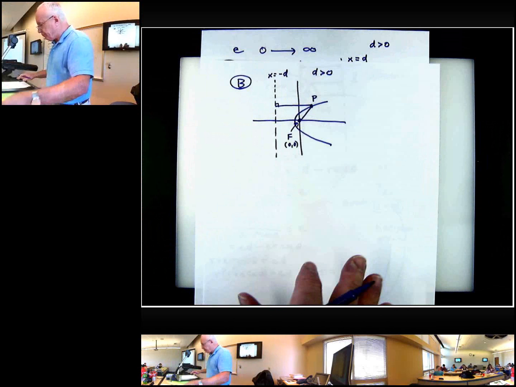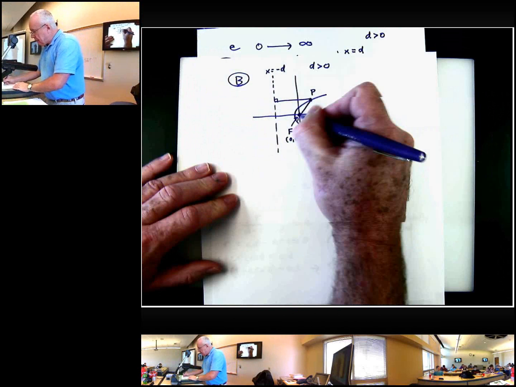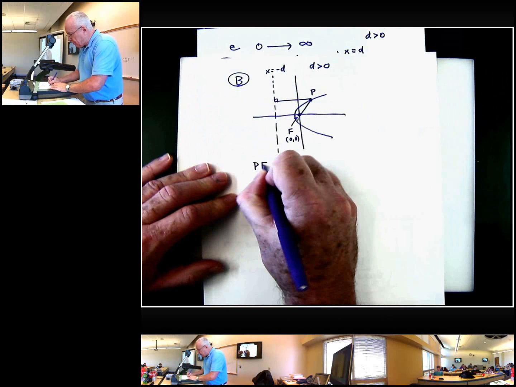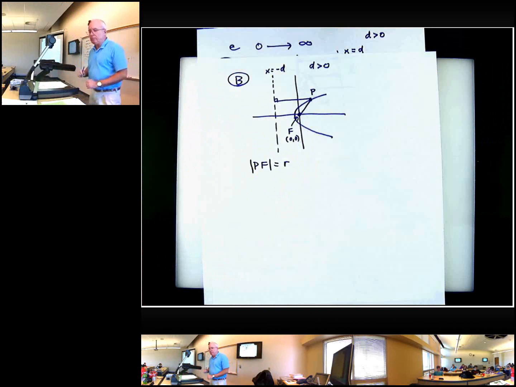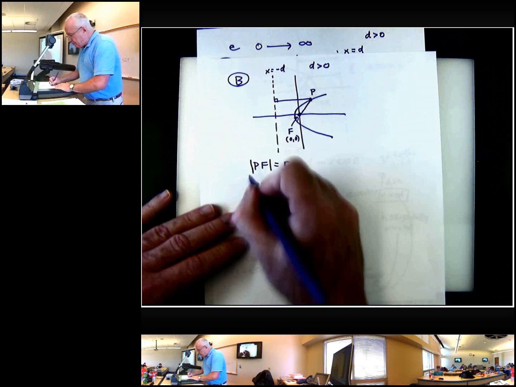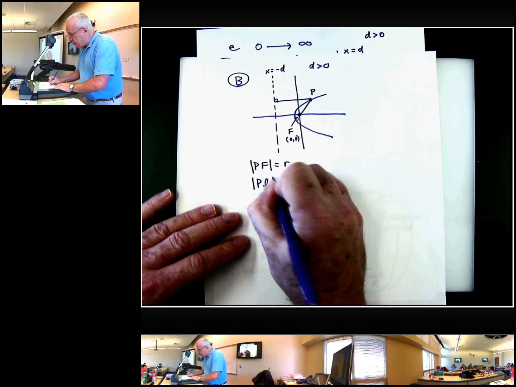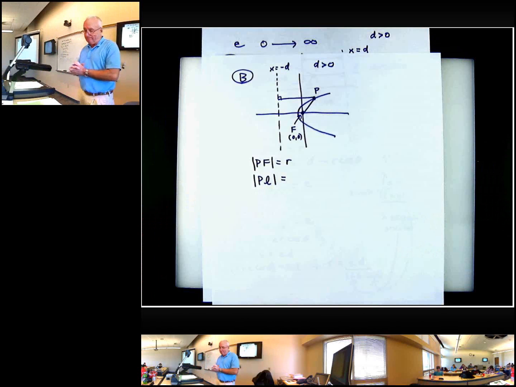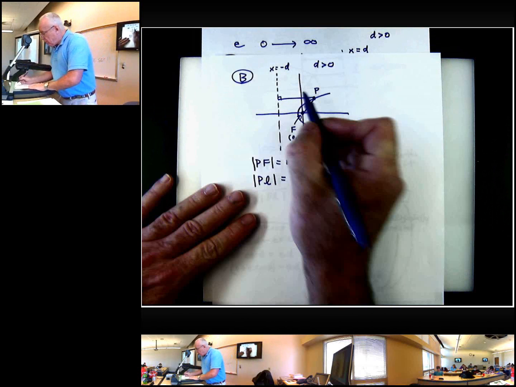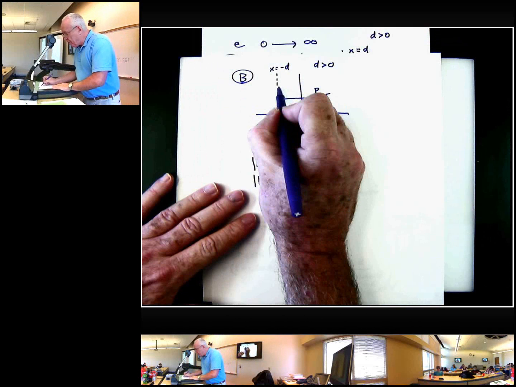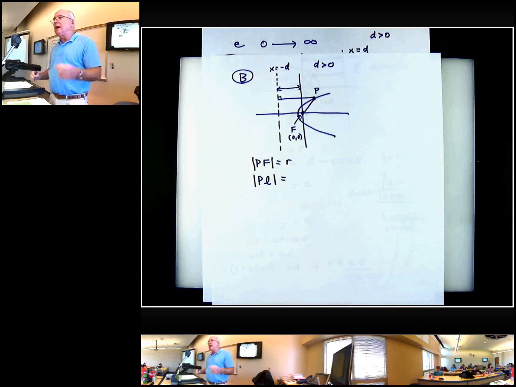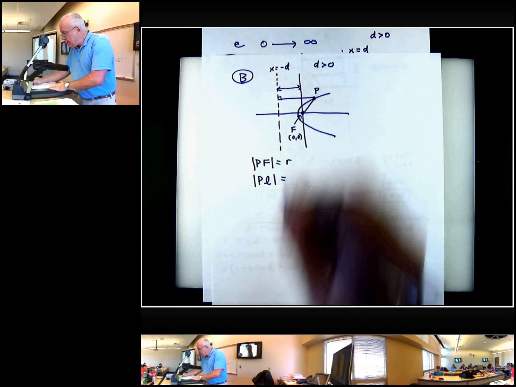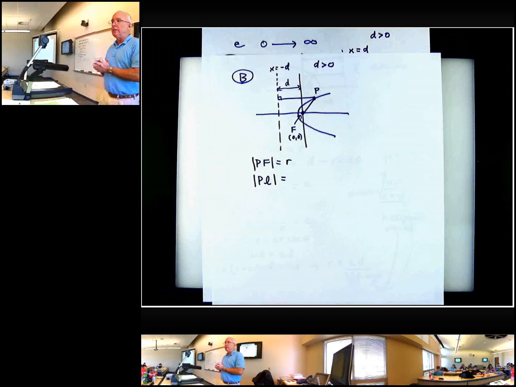Again, PF, the distance to the focus, is going to be r right here. This time, however, the distance to the straight line is a little bit different. First of all, the distance from that vertical line to the y-axis is a distance d right there.